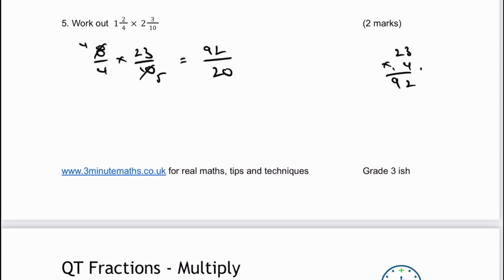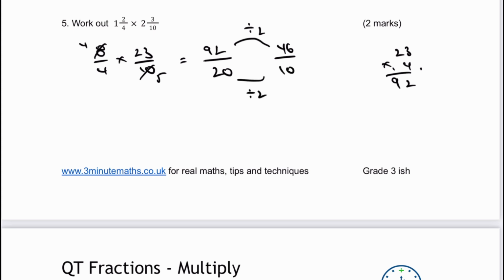Now, 92 divided by 20 is slightly more problematic. What I would be inclined to do is to say, well, the easiest way is that if I divide top and bottom by 2, what I actually get is 46 over 10.